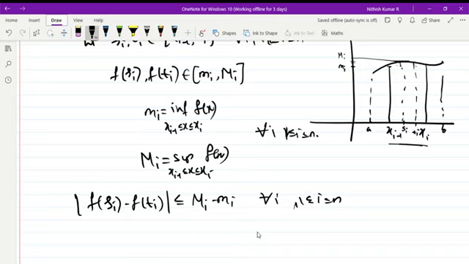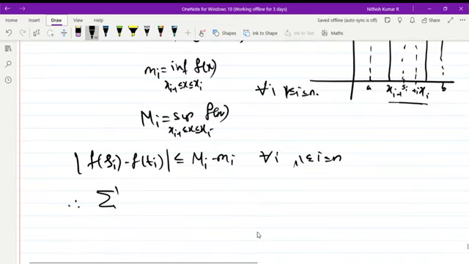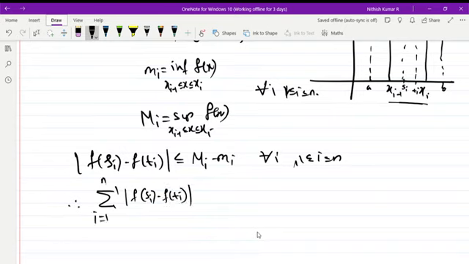Now therefore, if I consider the sum of this for each i, the summation of modulus of f of si minus f of ti, with i varying from 1 to n, will be less than or equal to the summation of (Mi minus mi) into delta alpha i.